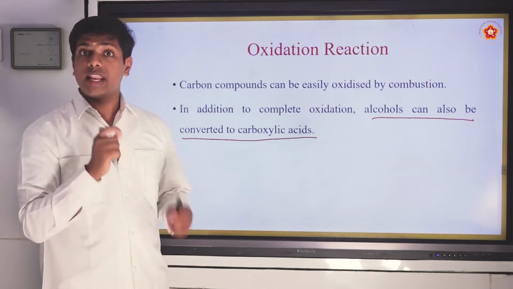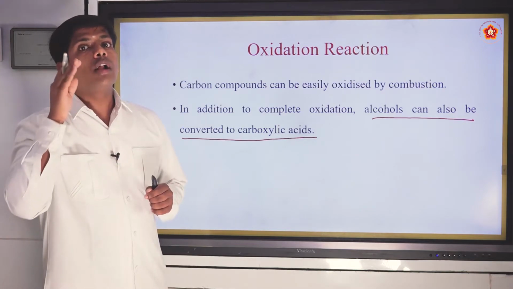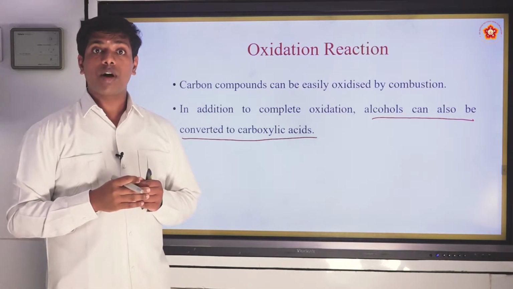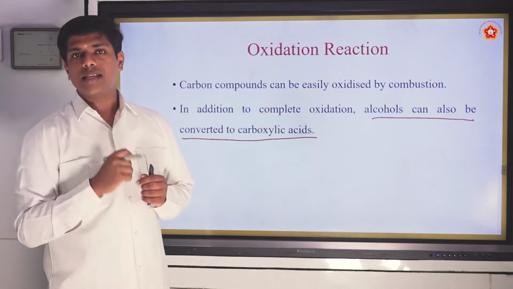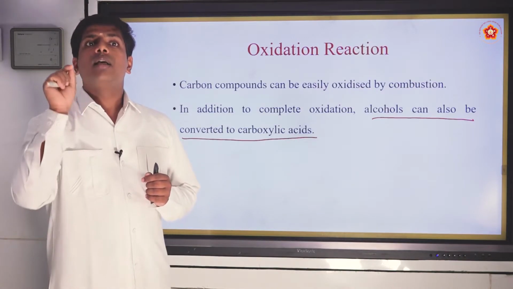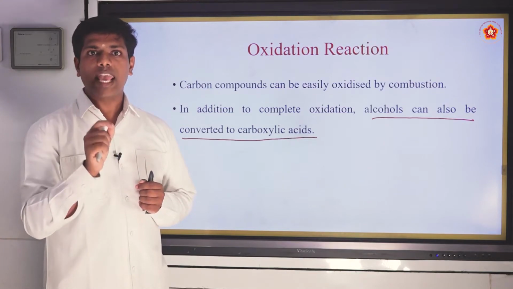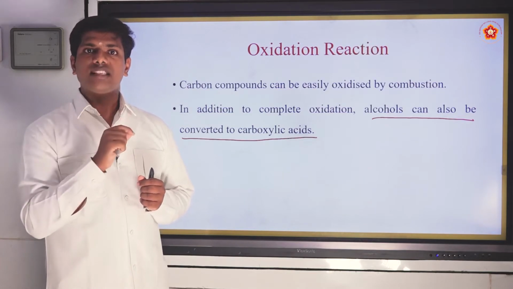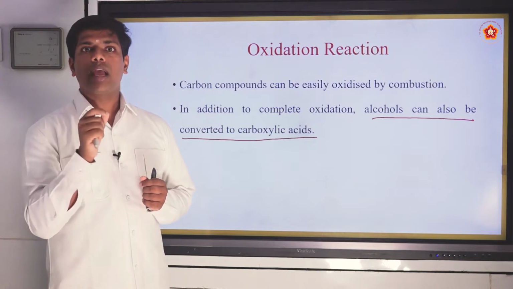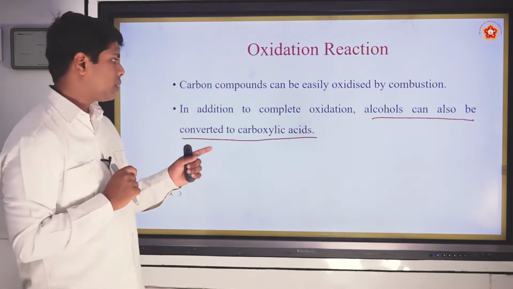Remember this point, very important. How are alcohols converted into carboxylic acid? You have to write: in the presence of catalyst, that is K2Cr2O7 potassium dichromate or potassium permanganate KMnO4.